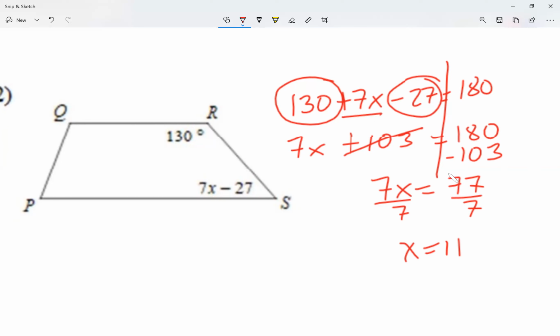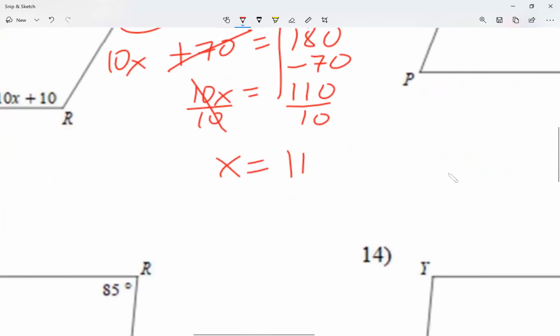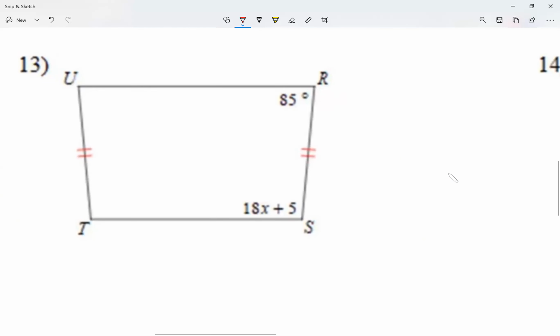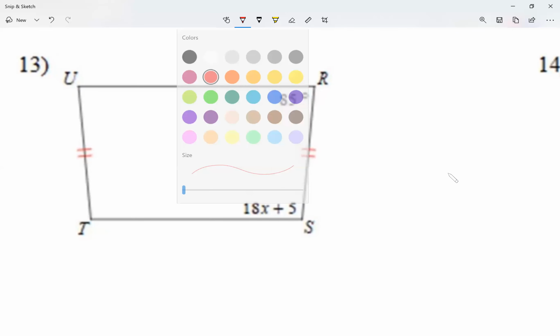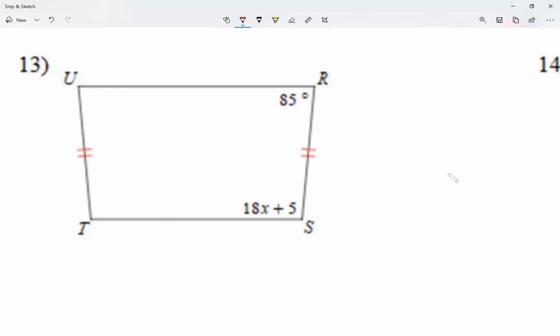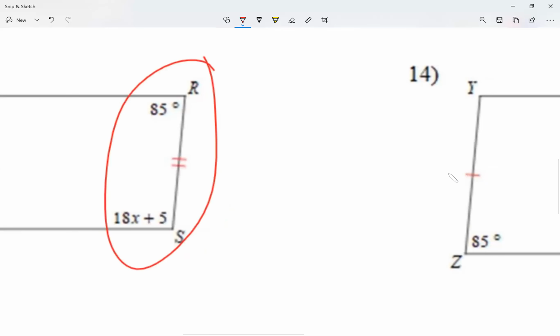Fun. Let's take a look at number 13. It is an isosceles trapezoid, but I know that when I add these two angles, it has to equal 180. So I'm just gonna add everything. Let me just go 85 plus 18x plus 5 is equal to 180.